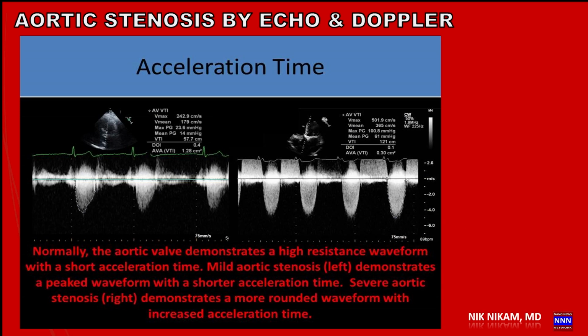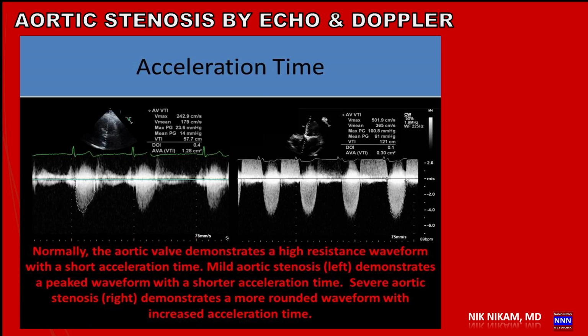It's an important measure that we need to keep in mind, because in those patients whom we feel the aortic stenosis is not critical, but they can be followed, by doing serial echocardiography, we can follow the acceleration time. As you know, as the aortic stenosis goes from mild to moderate to severe, the time it takes to reach the systolic pressure peak increases, and that is the acceleration time.